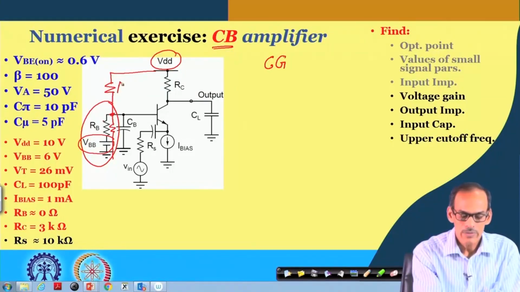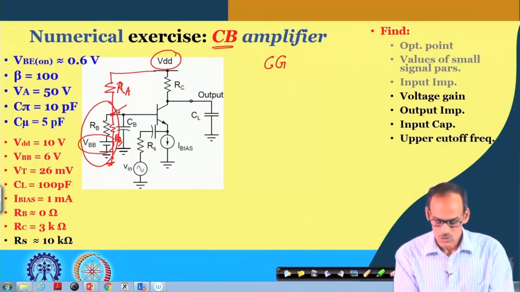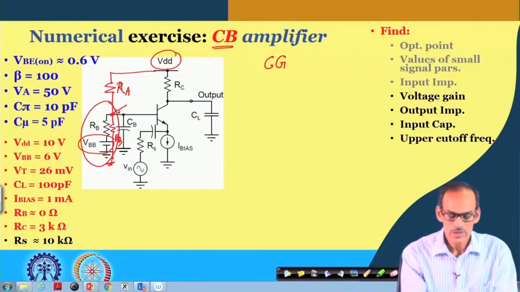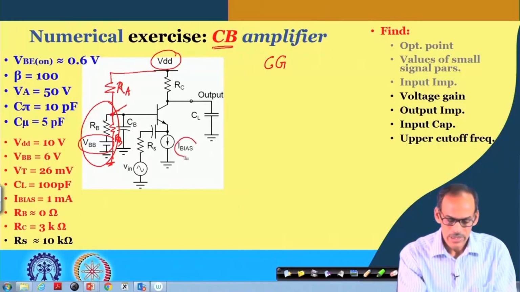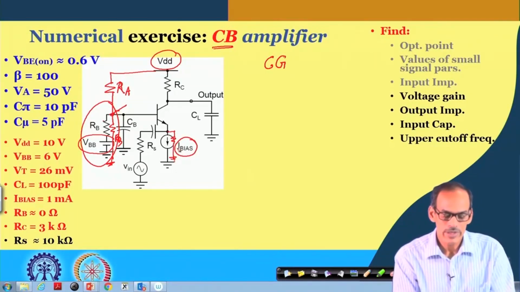So, we can have a potential divider constructed by R A and R B connected to ground, which generates the voltage here. And also we may have a situation that instead of this ideal current source, we may have some practical component, either an active device or a passive bias circuit.